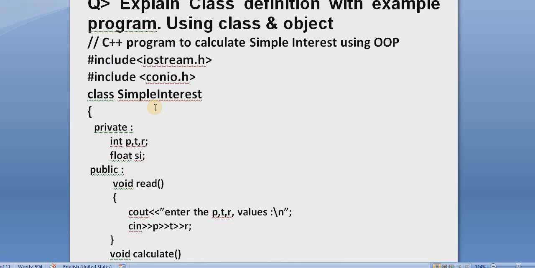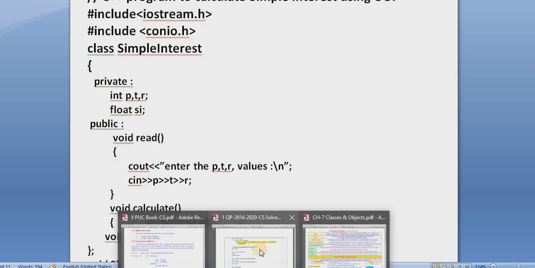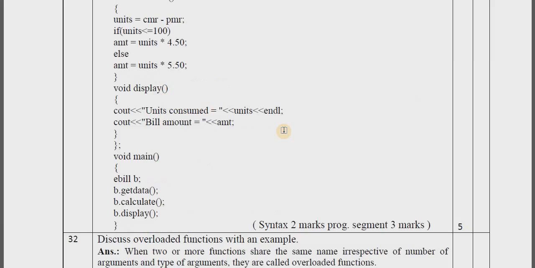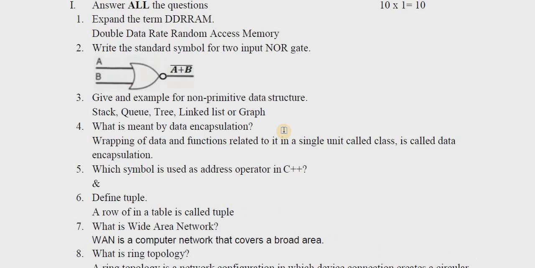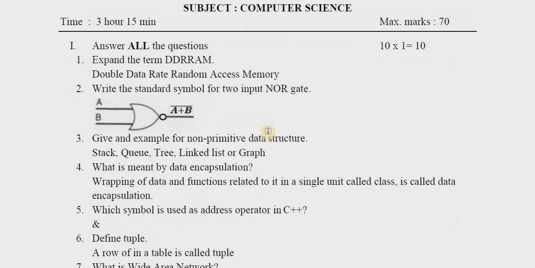So this same program you can write for the above question. In the solution, an electricity bill program is given, but that is hard, so you can use the simple interest program. Okay, next question. This is the March 2019 question paper.